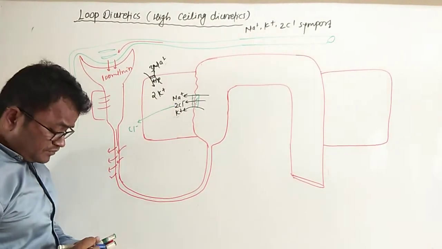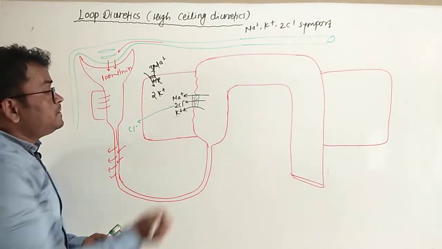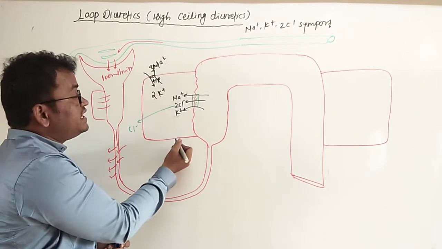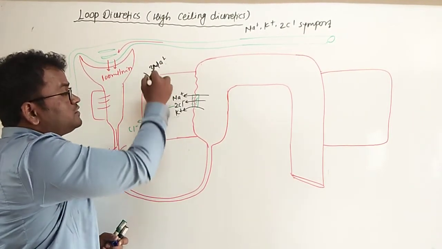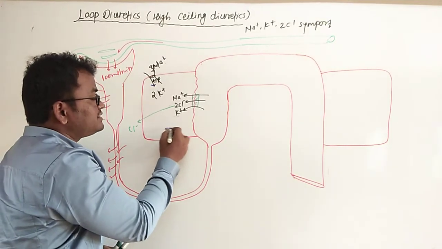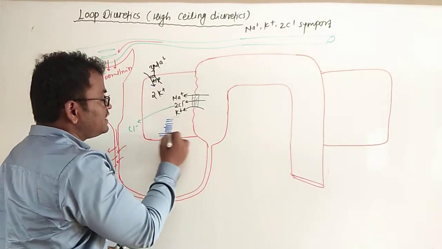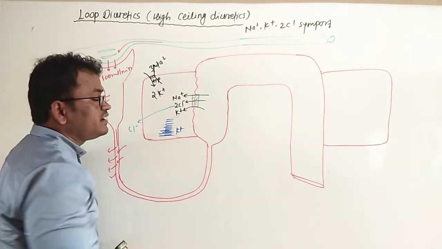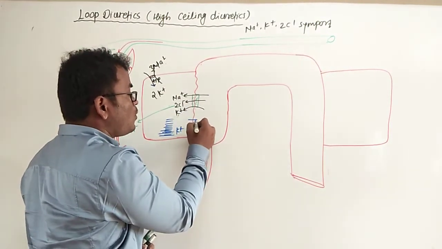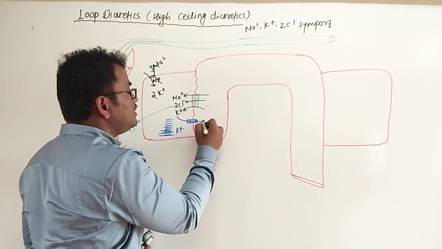Next point, potassium is reabsorbed from the luminal side into the cells, and the cell also takes potassium from the sodium potassium ATPase, hence the potassium level inside the cell is increased. So this extra potassium will leak out through potassium channels into the luminal side.